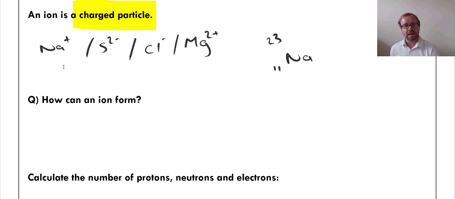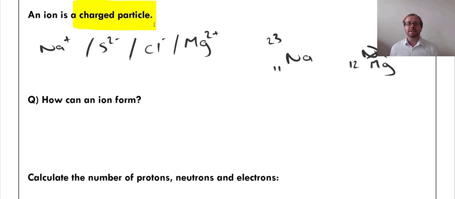If I add a proton, it would mean that I get a positive charge, but it would also mean that I have changed the number of protons, or the atomic number. If I change the atomic number, what happens? Well, we change the element.